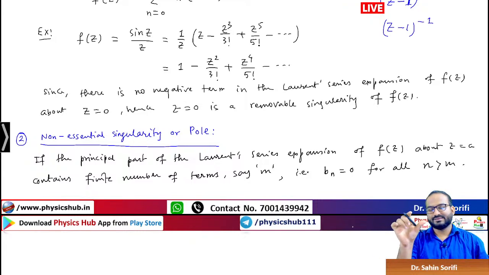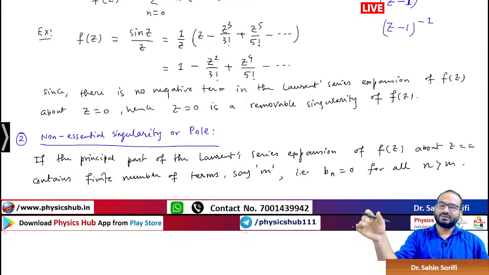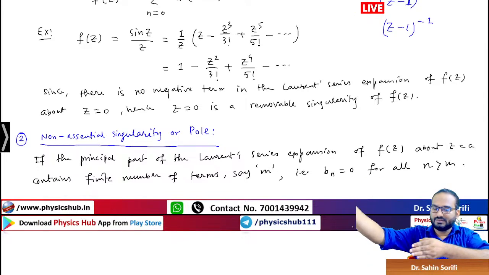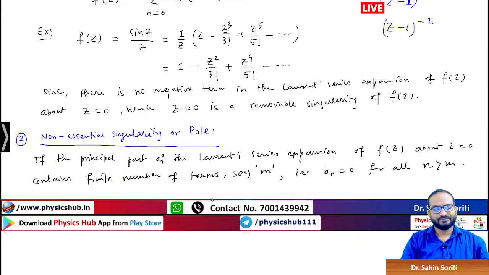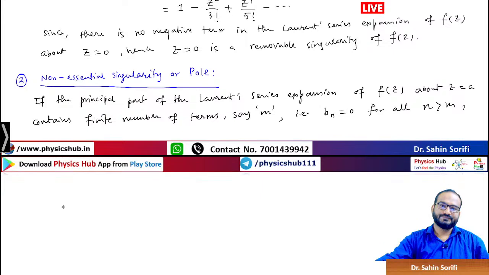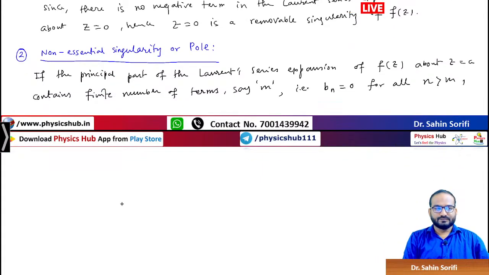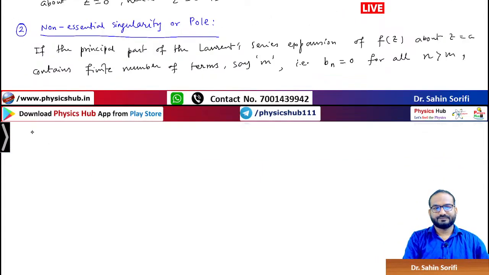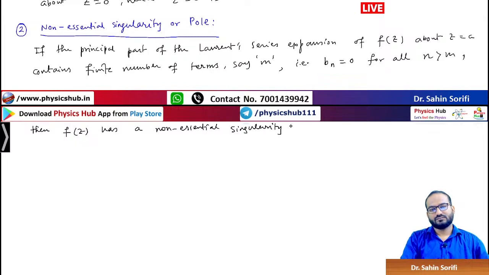So let's say 4 terms survive. So b1, b2, b3, b4 will be non-zero. Then after that, let's say b5, b6 and up to infinity, will be 0. Then we can say that f of z has a non-essential singularity or pole of order m.